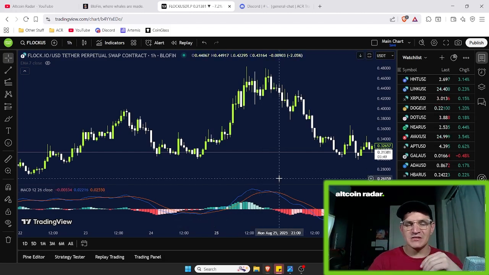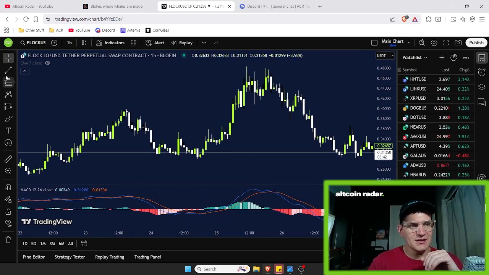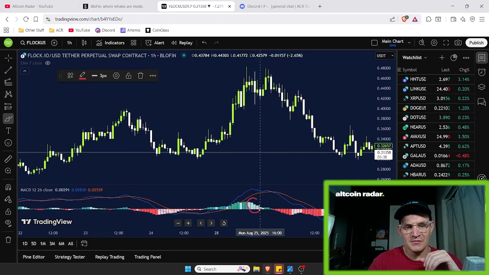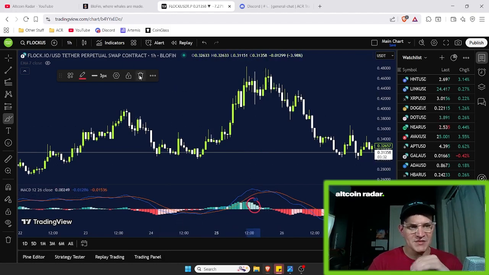Now, when these two signal lines start to curve over, and you start to see the lighter colored bars in the histogram, not dark green but more of a light green, that is telling you that momentum is starting to weaken, and a potential reversal to the downside, or the upside if we're looking at the red bars instead, is going to be happening very, very soon.